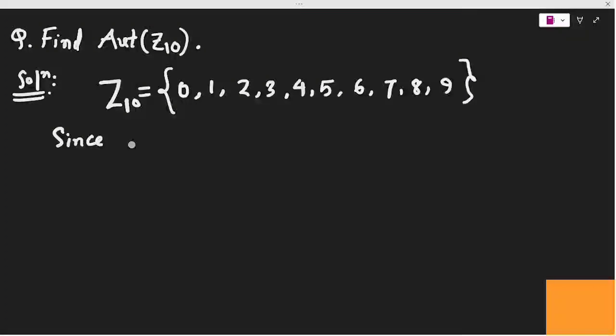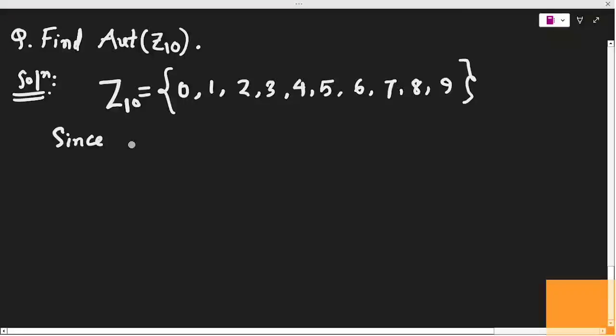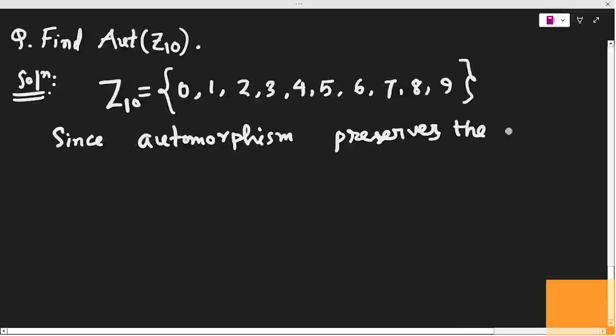First thing, we will determine how many automorphisms we have to find, how many automorphisms this Z10 has. Since automorphism has this property: an automorphism preserves the order of an element. You can write this in the problem too; if you write it, that would be great, if not, no problem.